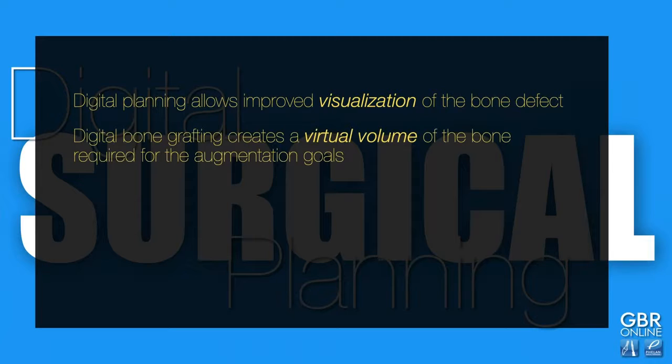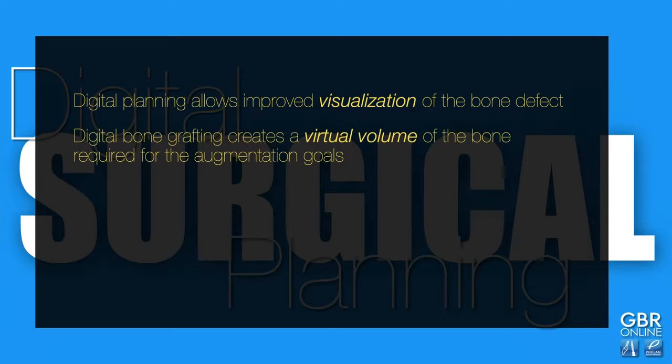Digital bone grafting itself basically creates a virtual volume of the bone required for the augmentation cases. So I'll show you what I do with some of my cases to create that tailor-made plan. I look at the defect, I digitally create the volume that I need, and then I look at that volume based on what we have and where we want to be, and that difference is what I use.